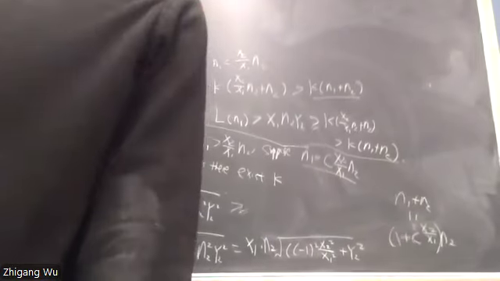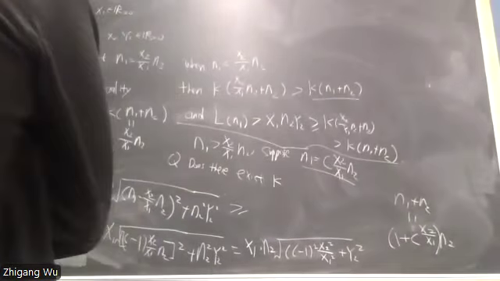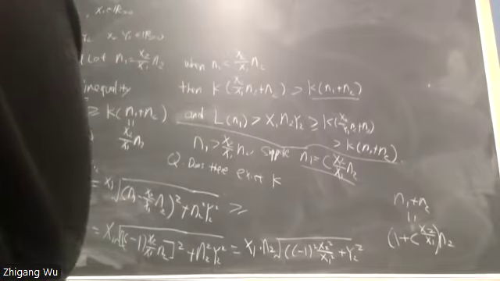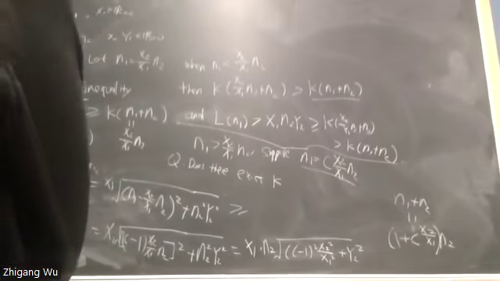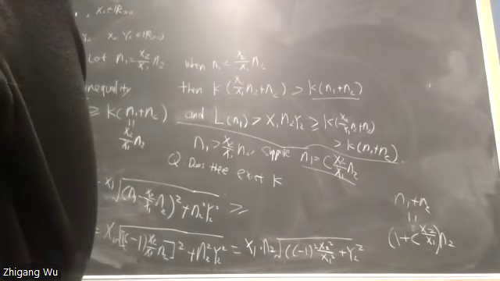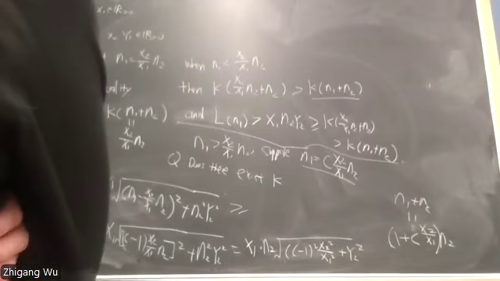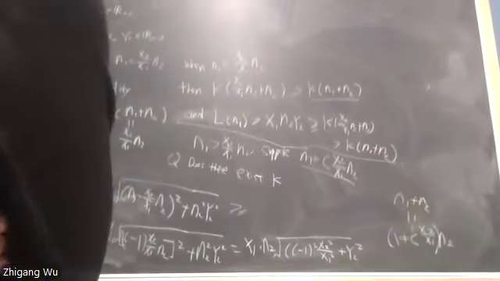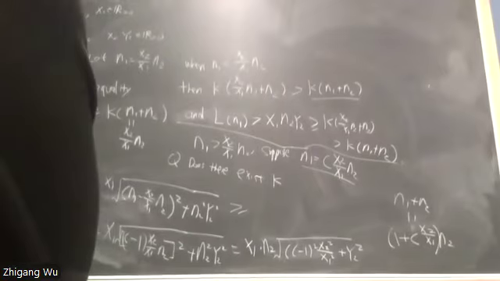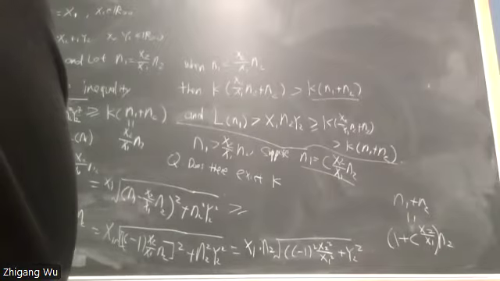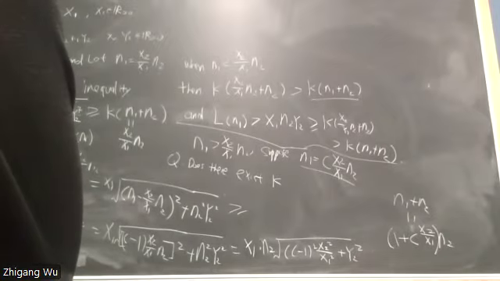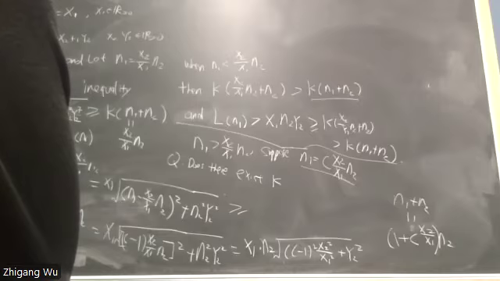Okay, so let's see what happens if this C is very large. So when the C is very large, the left hand side, x2 squared over x1 squared, is large. So what happened for the right hand side?